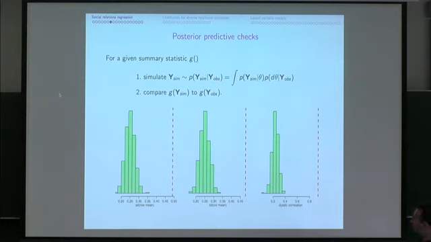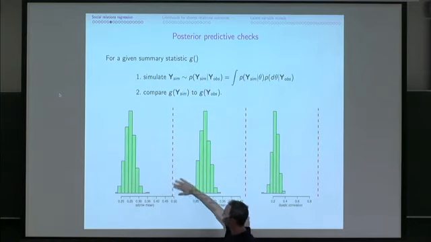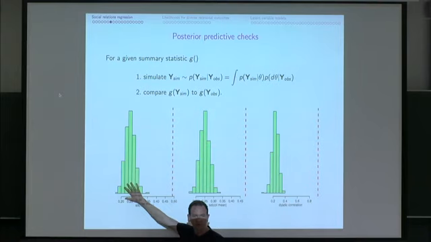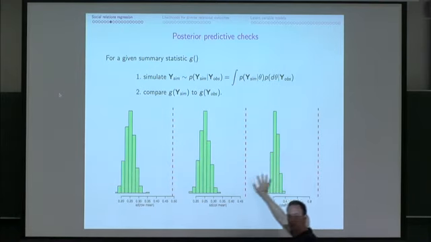Okay, and so these histograms represent the predicted values of these statistics under this model, and the dashed red lines are the observed values. So the G of Y observed is here for this statistic, and here's what we predict from this model. We see that in terms of all three of these statistics, the model performs poorly.